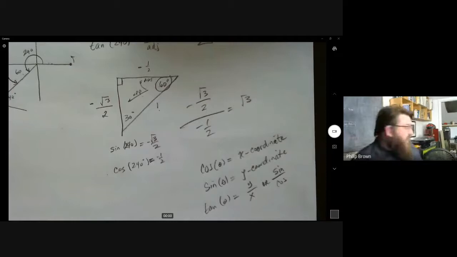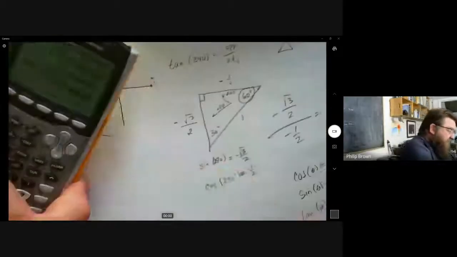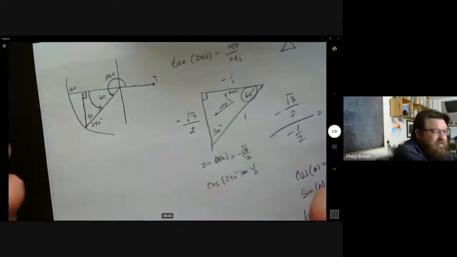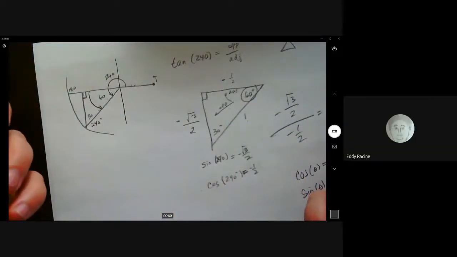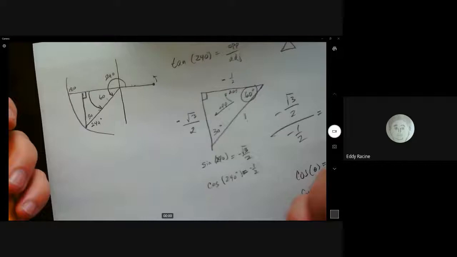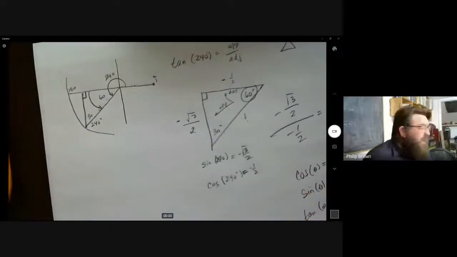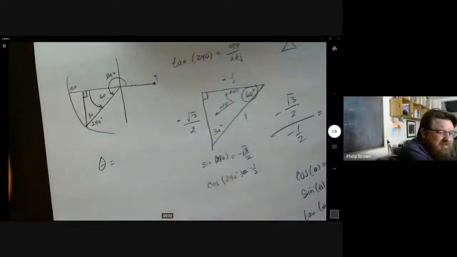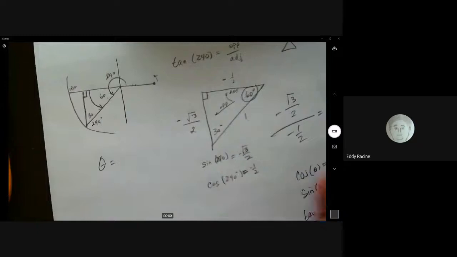So let's pick an angle for me. It can be any number you want. In fact, it'd be even better if it wasn't on the unit circle. So just pick a number. 75. 75 degrees.